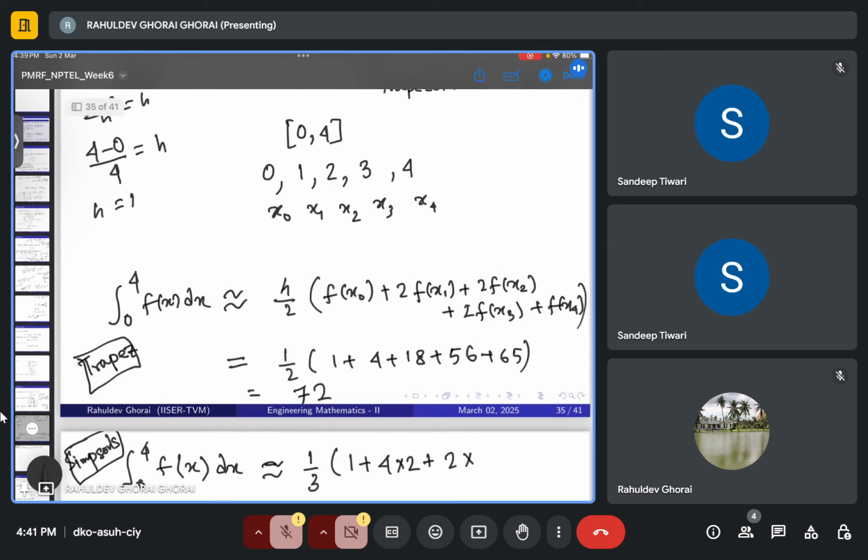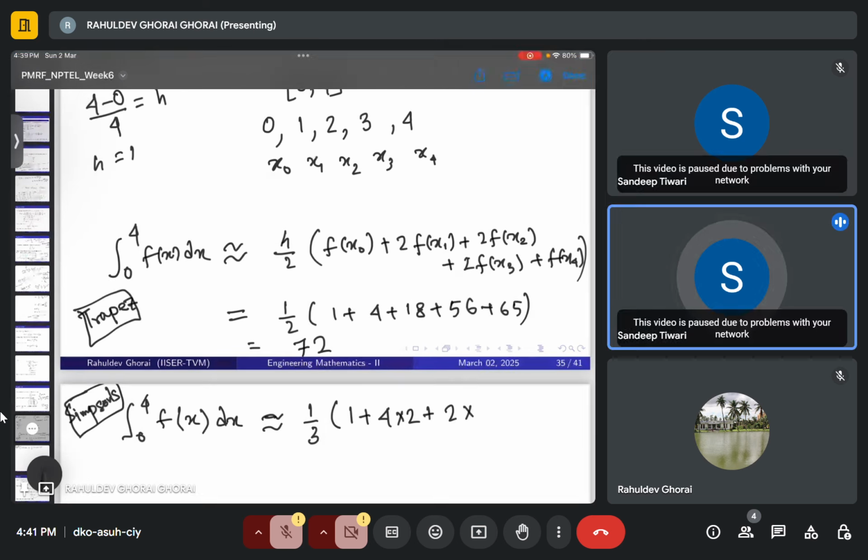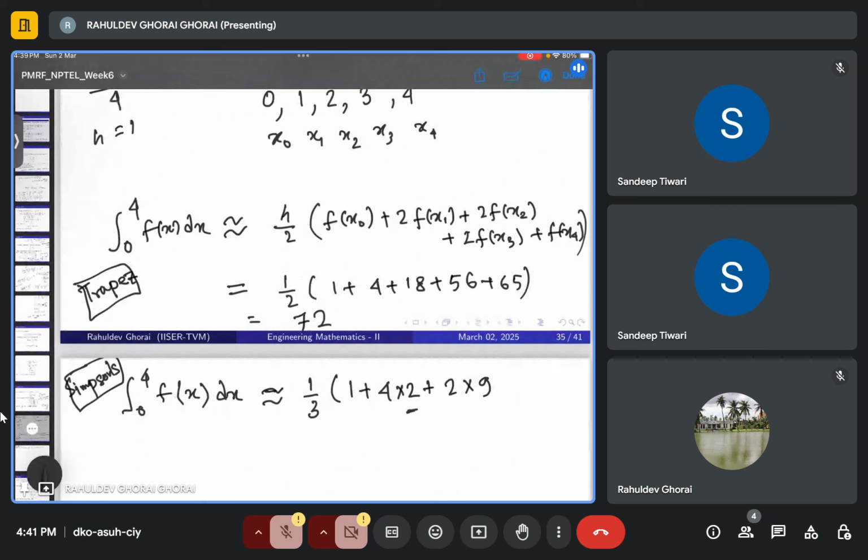You got the formula? Yes sir. For odd terms there is a multiple of 4, so this is 4 times f of x1, and f of x2 will be 2 times 9.